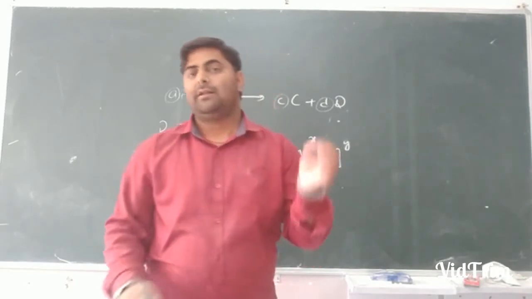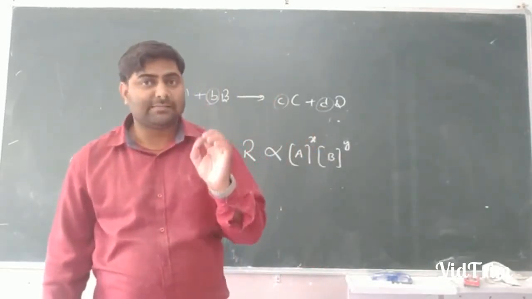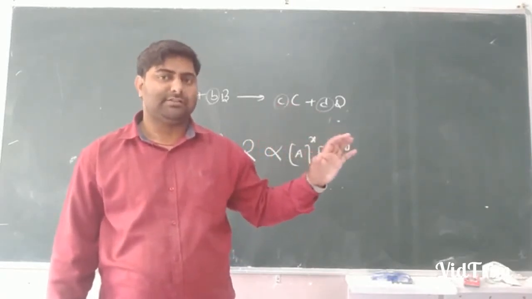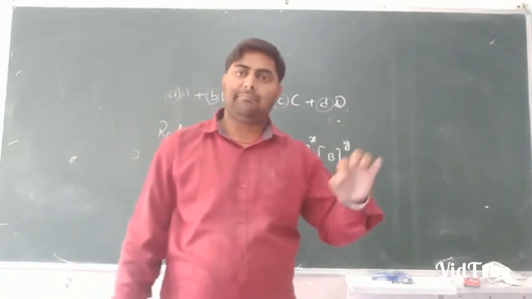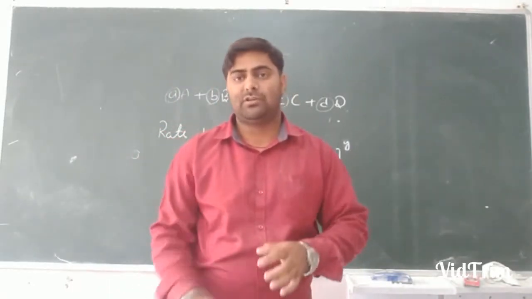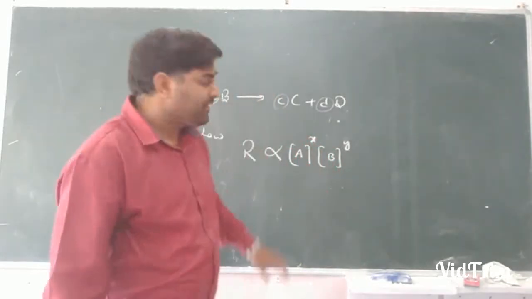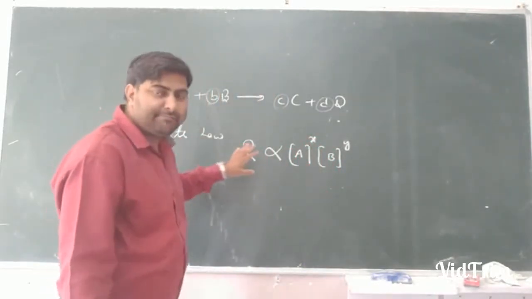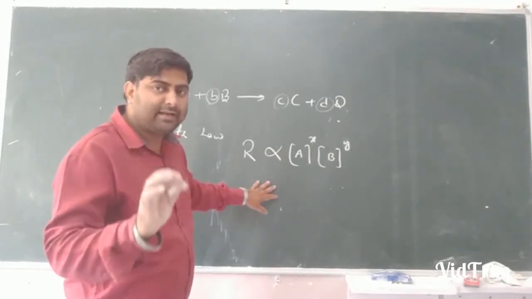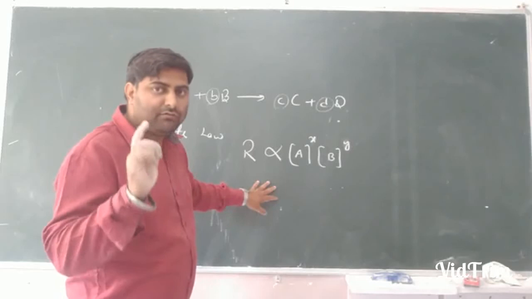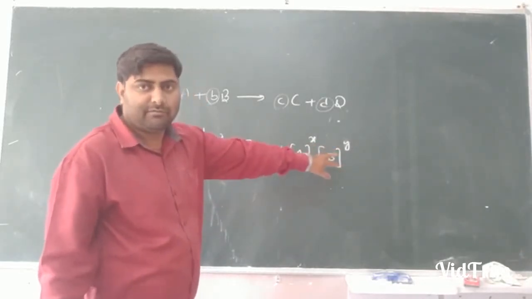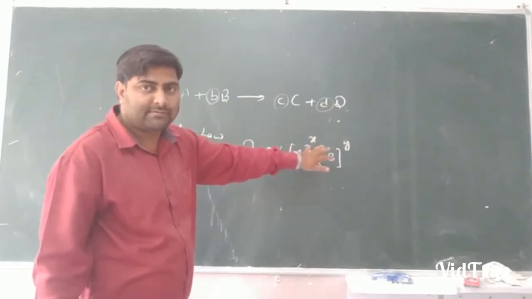Keep in mind that the rate law expression is an experimental value. Sometimes when we solve questions, you will find that the reaction appears to be different, but experimentally its value comes out absolutely different. So the rate law expression states that the rate of the reaction at any instant of time is directly proportional to the product of the molar concentration of the reactants, each raised to the power of active masses.